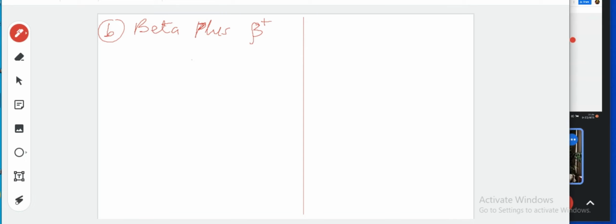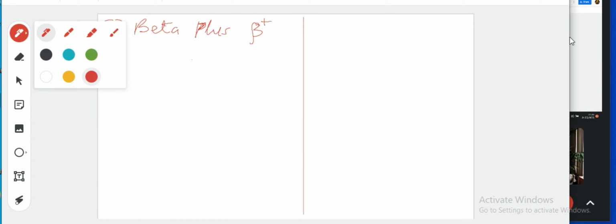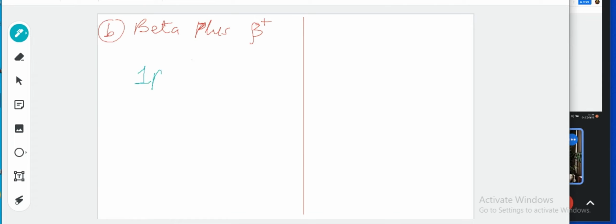In a beta plus, this one is about a proton. Are you listening? 1 proton changes to a neutron and then releases what we call a positron, which is a positively charged electron.